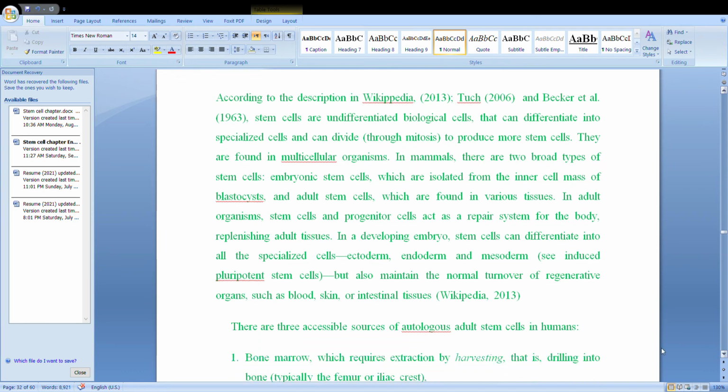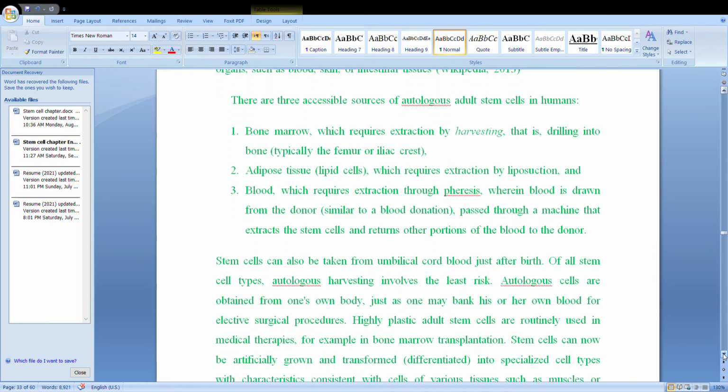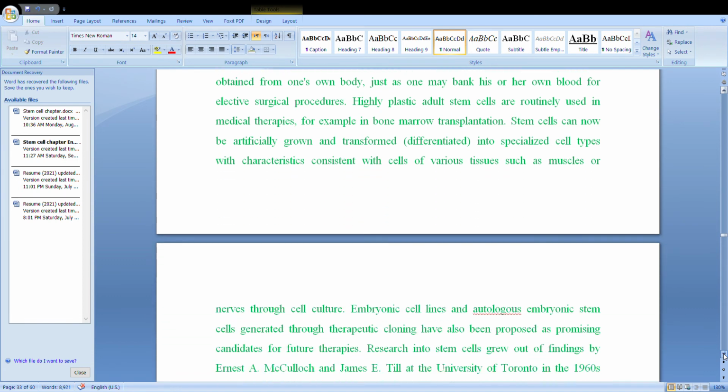Many scientists mentioned this in their published reports and data. There are also adult stem cells in humans, from bone marrow, adipose cells, blood cells. Some scientists use these types of cells for stem cells.